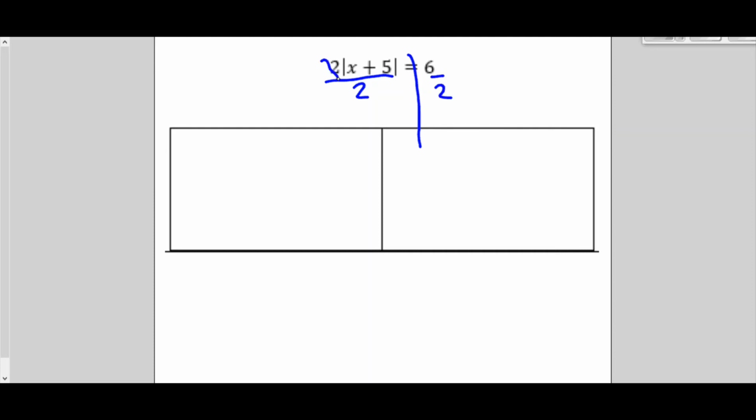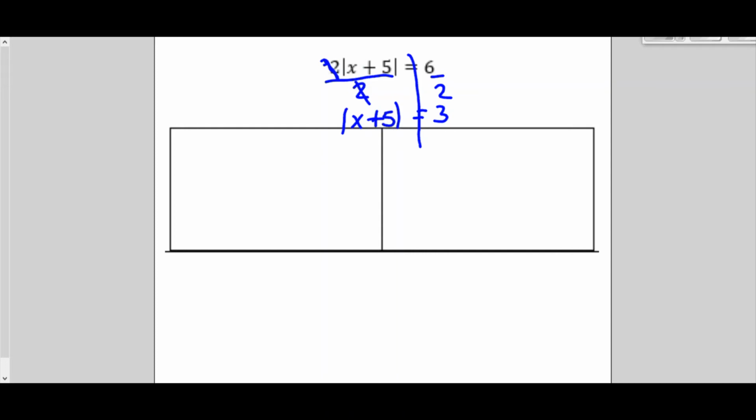Now notice, when I divide by 2, those 2's that are out front cancel, and I'm left with absolute value of x plus 5 equals 3. Notice how nothing inside the absolute value changed. The only thing that changed is now I don't have the number out front. And 6 divided by 2 is 3. So the only thing that changed on the left side is I don't have the 2 out front anymore.